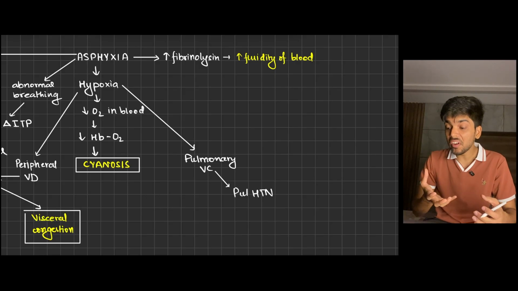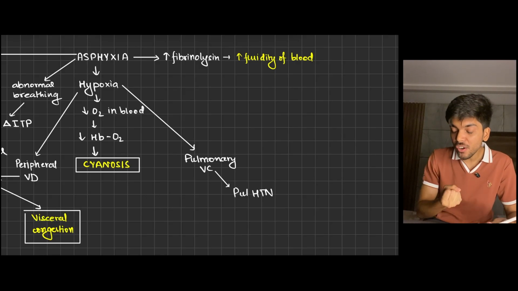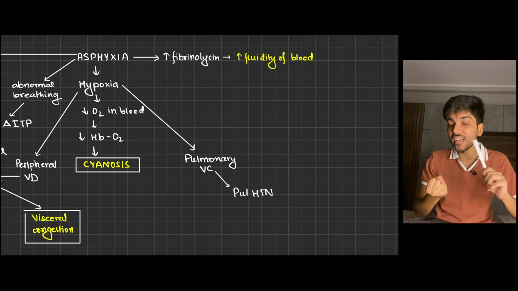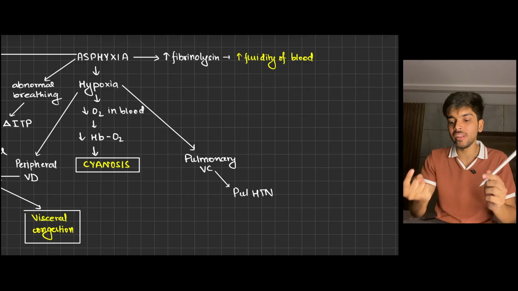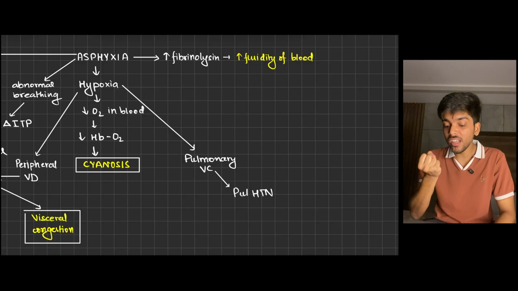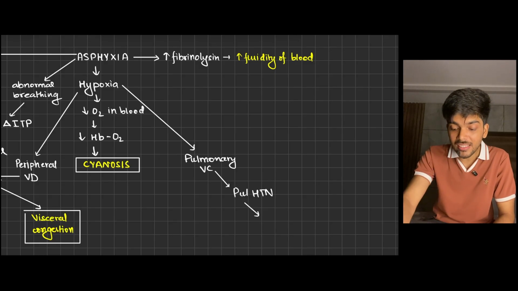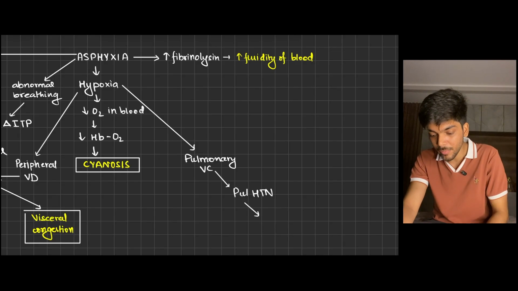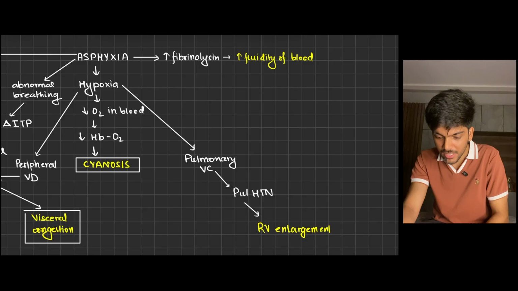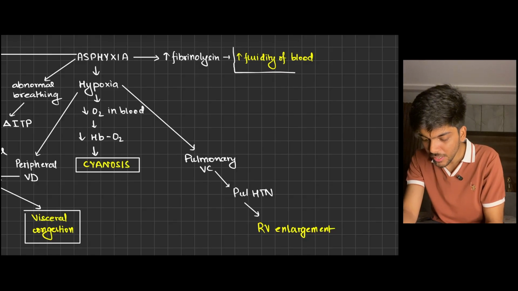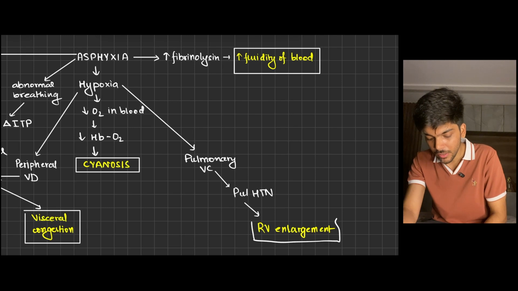So the right ventricle has to contract harder to push the blood inside the highly resistant pulmonary artery. And the overworking of the right ventricle leads to right ventricular hypertrophy, also referred to as right ventricular enlargement. So now you also have the two of the quintet: increased fluidity of blood and right ventricular enlargement.